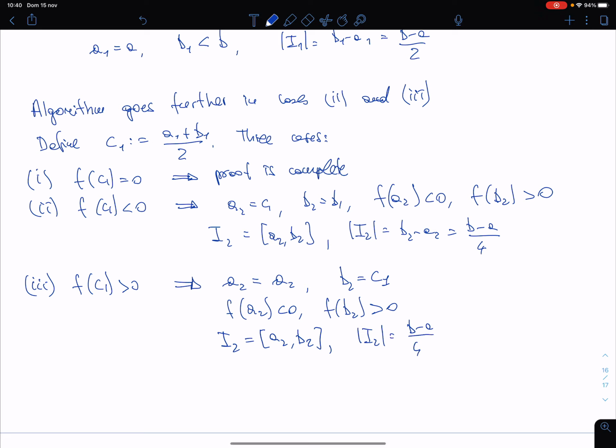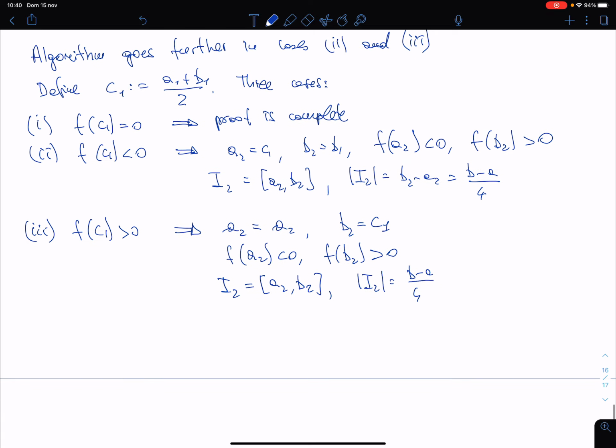After the two steps, the size of the interval we are considering is 1/4 of the original interval. So now what you understand is that we iterate the procedure.